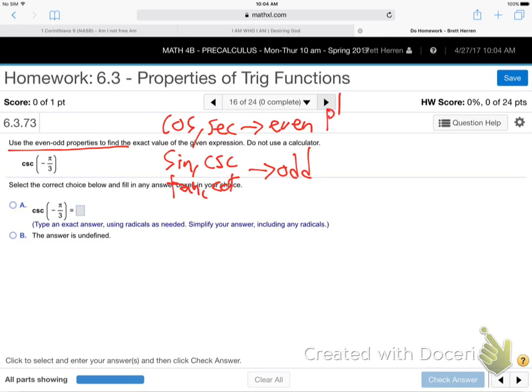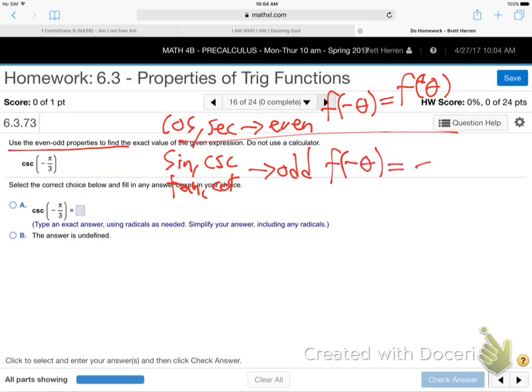It means when you plug in a negative angle, f of negative theta, the negative just goes away. For even, it just becomes positive. And for odd, when you plug in a negative angle, where does the negative go? To the front. So negative to the front for odd, negative vanishes for even.